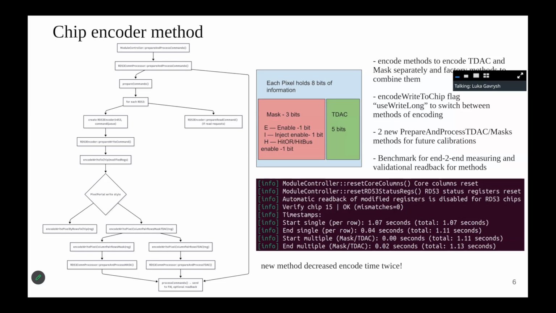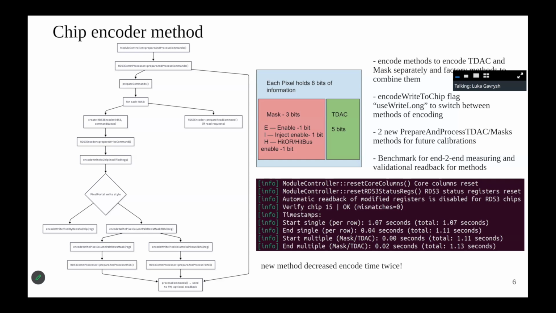The mask has 3 switches: enable, which turns the pixel on or off; inject, which allows test charge injection; and hit bus, which routes the hit to the bus. The TDAC finally trims the threshold so many pixels can be equalized. The diagram traces the full path a command takes via the pixel portal, the way we are writing to this pixel matrix through the software.